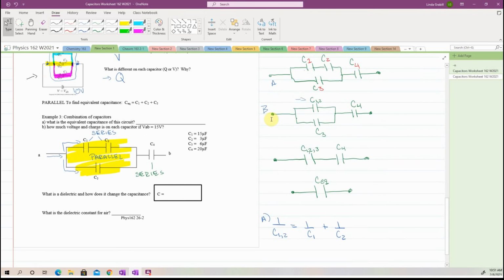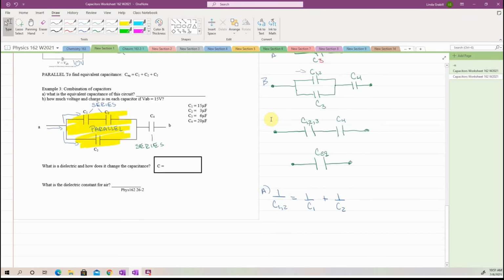Well, now I have C12 in parallel with C3. In parallel, they're both going to be happily charged, right? So my step B is going to be just C123 equals C12 plus C3.